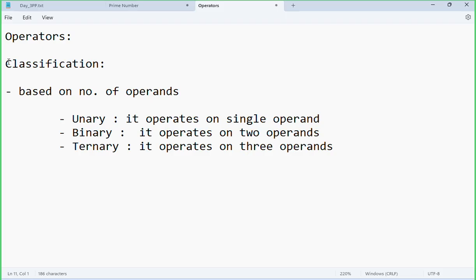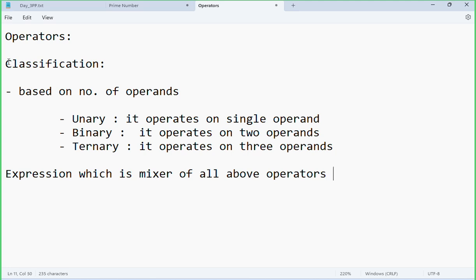Now if I give you an expression which is a mixture of all the above operators, a mixture of unary, binary and ternary, the question is which one we will solve first. This is called priority.